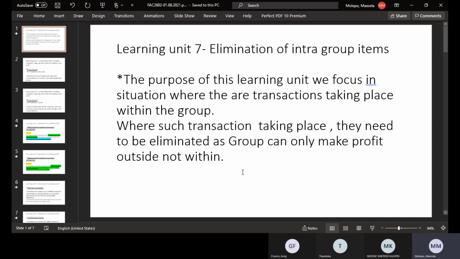So we have to know whether we realized the profit with regard to that particular inventory, or whether there is any unrealized profit. If there is any unrealized profit, then it needs to be eliminated. The one which is realized will be taken into account in the preparation of our consolidation.